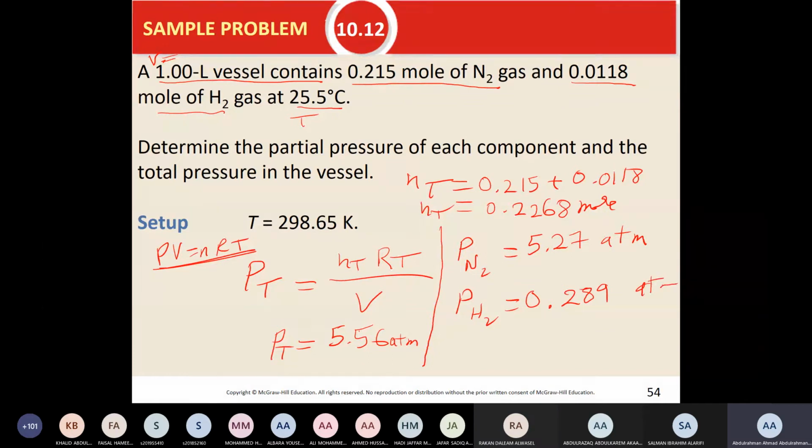Good. Add these together, it will be the same, 5.56 atmosphere. Which law are you doing? Dalton law. P total is equal to the pressure of each component.